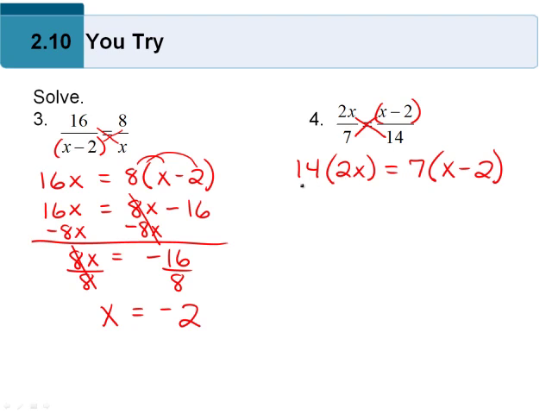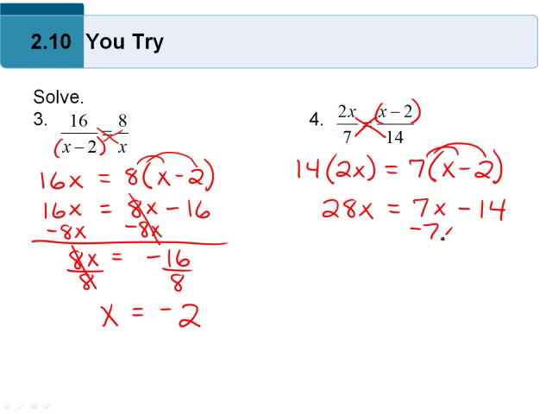You're just multiplying. 14 times 2 would be 28x. That's all you get on that side. Now, we are distributing the 7 because there's two terms there. So 7 times x is 7x, and 7 times negative 2 would be negative 14. Now see, the variables are on opposite sides, so I want to get them to the left.